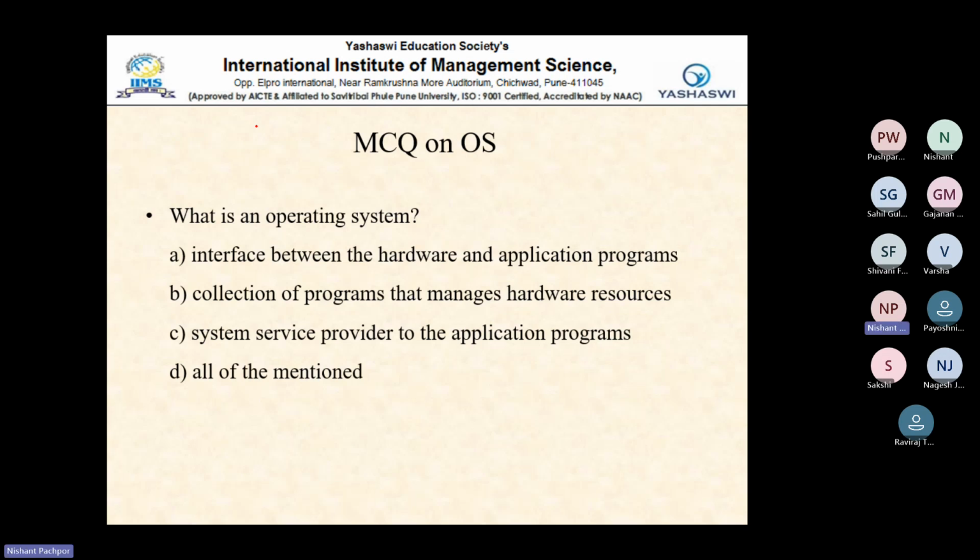It is interface पण करतो, collection of all of the above mentioned, all these operations performed by operating systems. So that's why interface पण करतो तो, collection of programs manage पण करतो, hardware resources manage करतो, system ला service provide करतो, application program सुद्धा provide करतो. So that's why all of the above. This is the answer for this one.